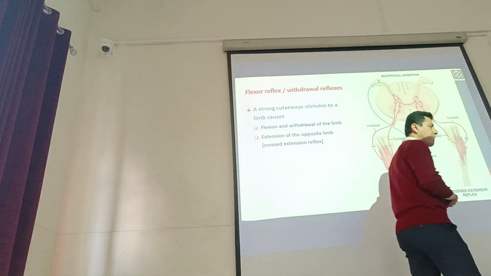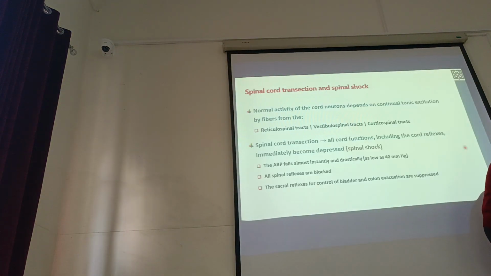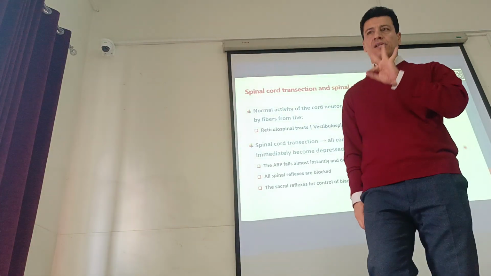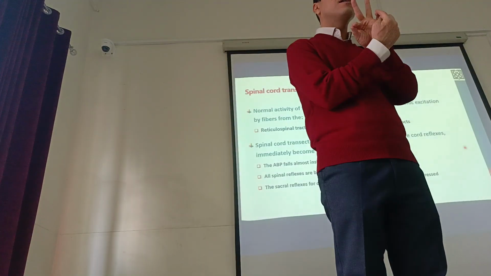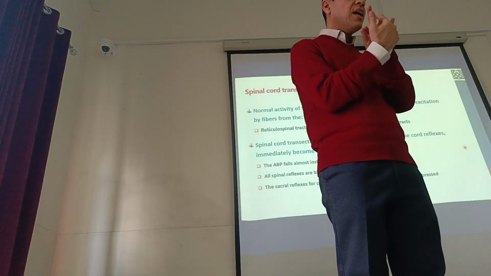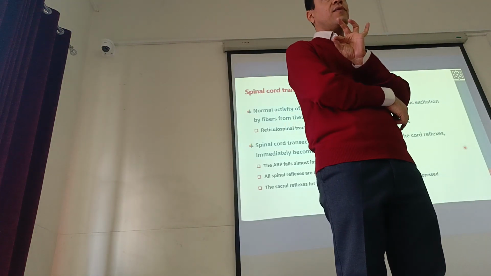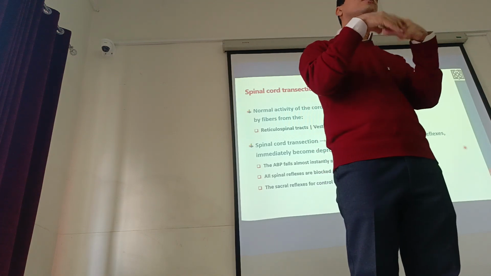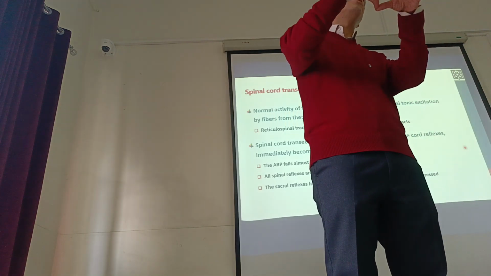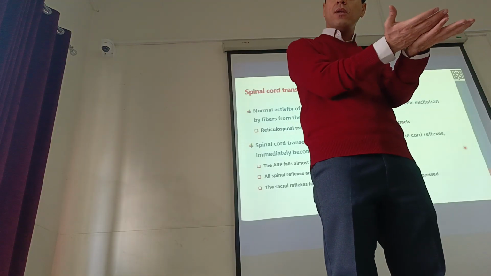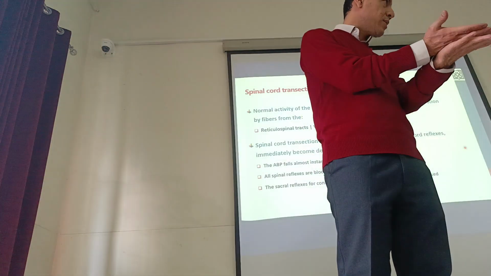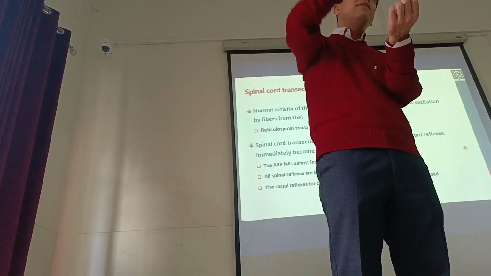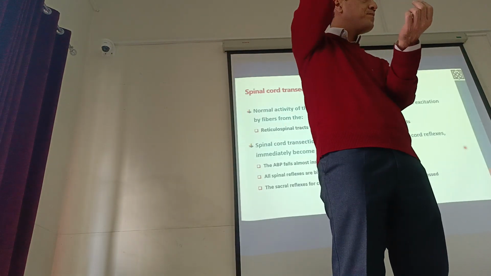Got this? Good. Okay. So we have seen three of these reflexes: stretch reflex, Golgi tendon reflex, and flexor reflex. All of these reflexes are actually coordinated and organized by neurons in the spinal cord, right? These neurons usually receive descending pathways from the brain.